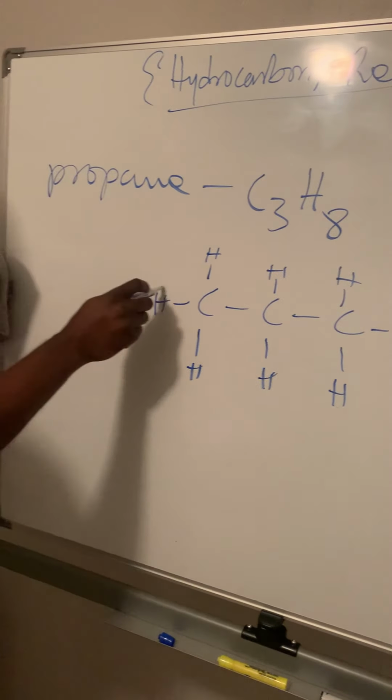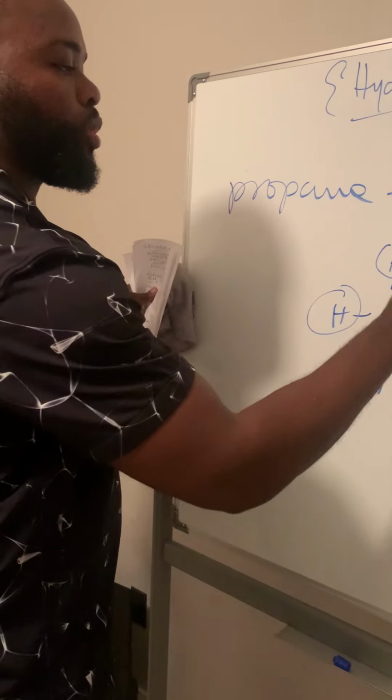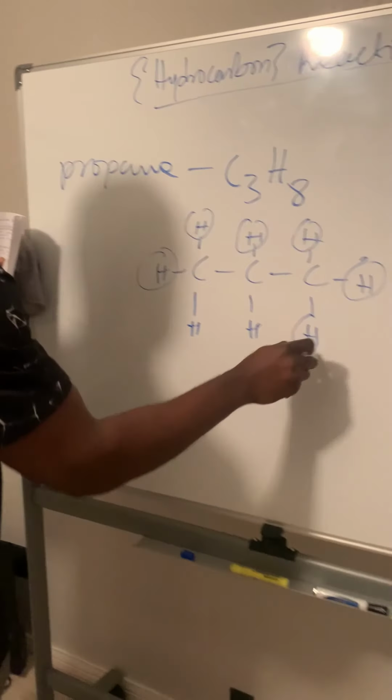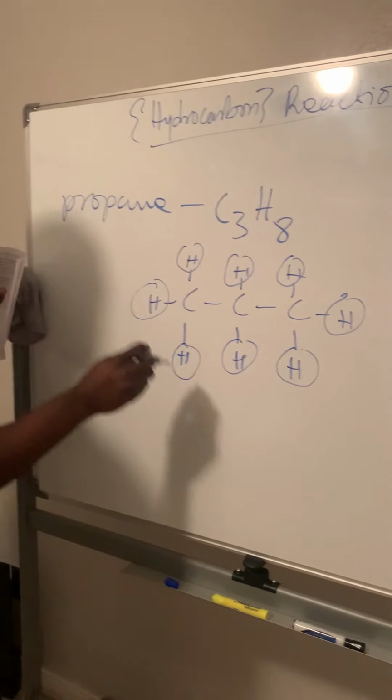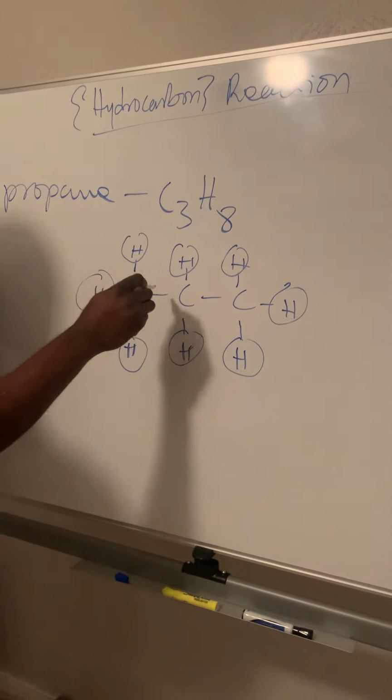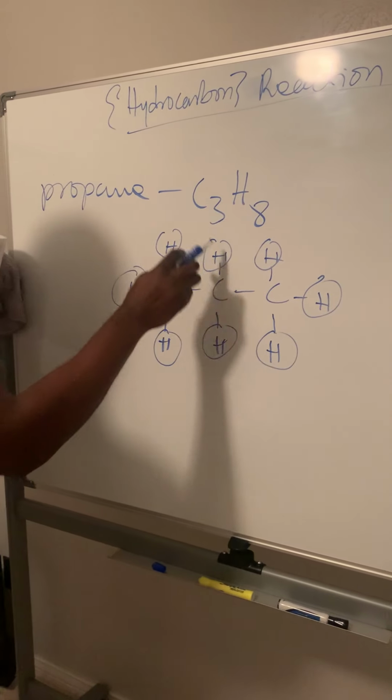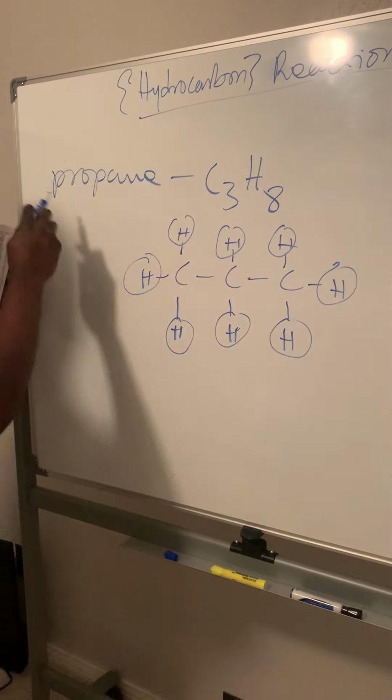If you can see, we have 1, 2, 3, 4, 5, 6, 7, 8. 8 hydrogens surrounding these carbons will give you C3H8, which is propane.